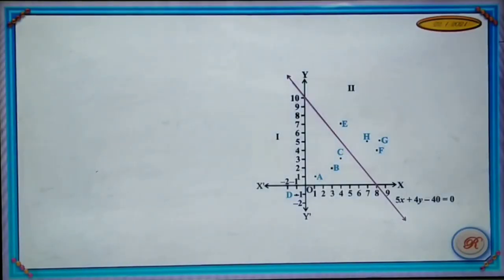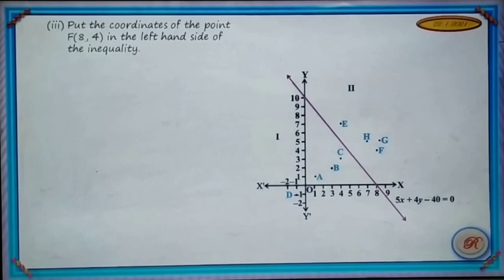Put the coordinates of the point F, 8, 4, in the left hand side of the inequality. Value of LHS is equal to 5 into 8 plus 4 into 4 minus 40 is equal to 16, which is greater than 0. So, the coordinates of the point F, which lies in the half plane 2, do not satisfy the inequality.